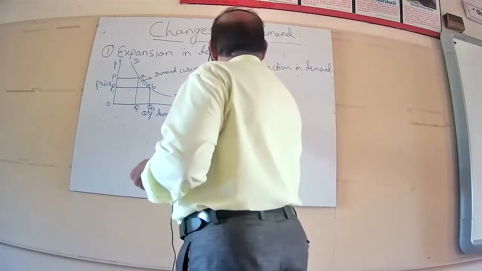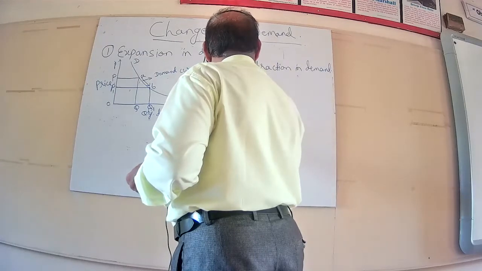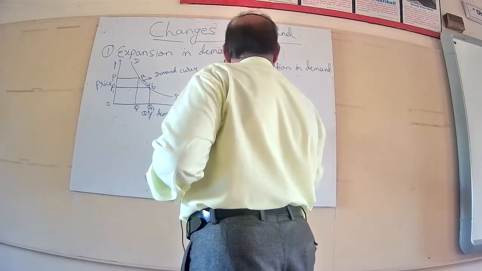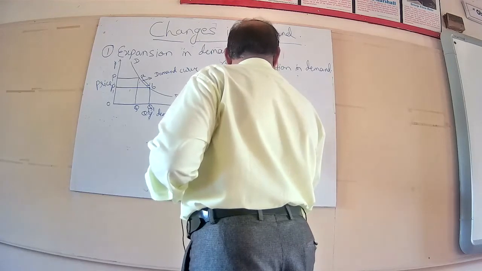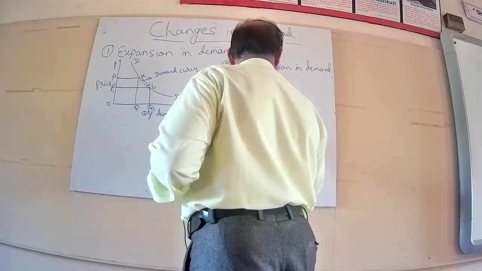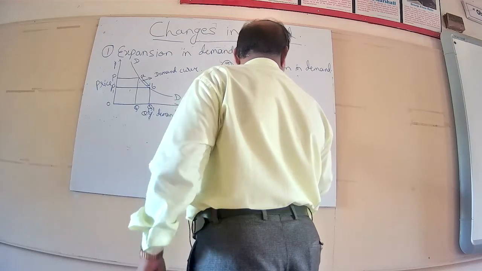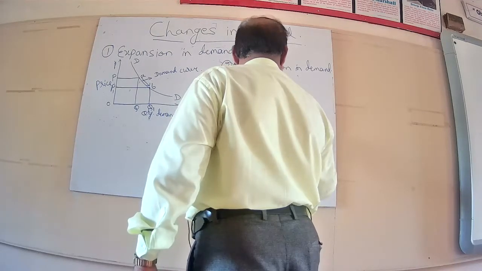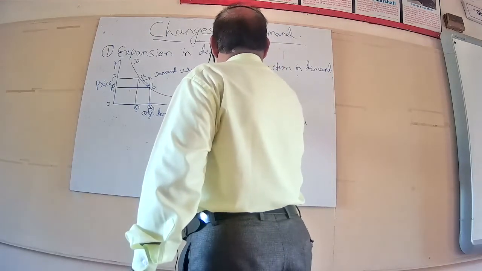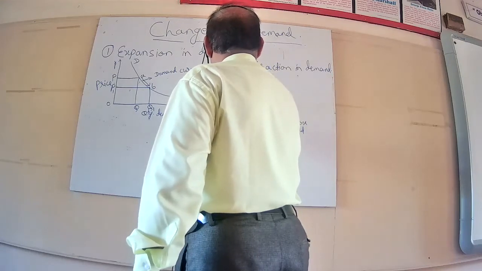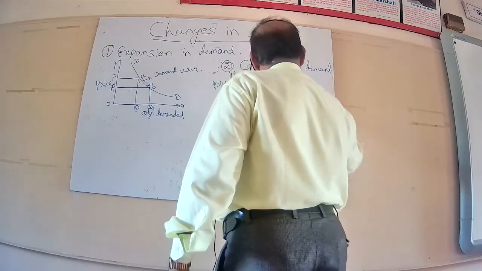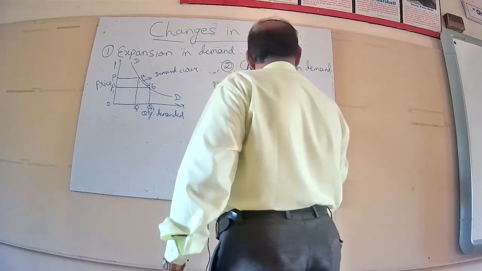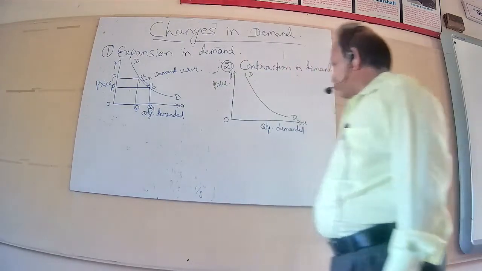I will show the diagram. Once again, the same measurement, OX, quantity demanded. Y-axis, level of price. This DD represents the demand curve.